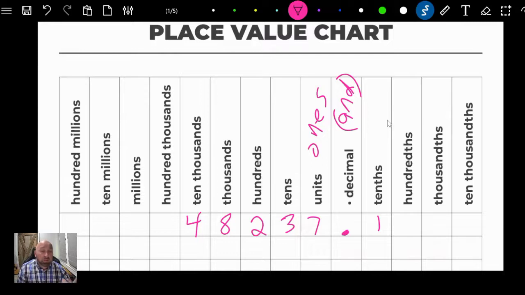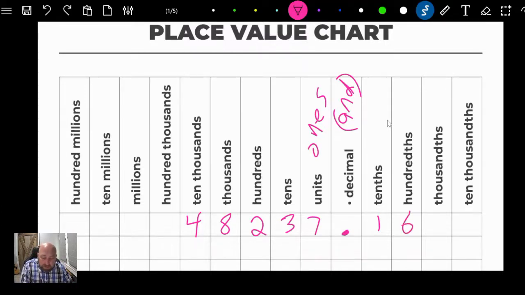Okay, so let's read this number. 48,237 and 1 tenth. That's kind of the official way to read that number.